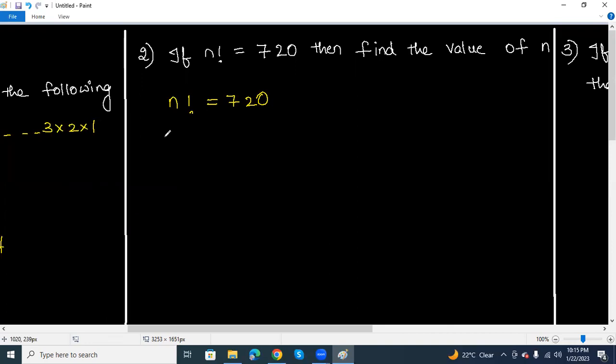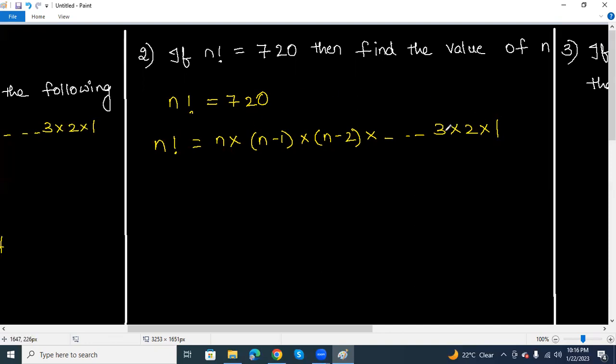So we already know that this 720 is nothing but 1 times 2 times 3 times, till some number. Because n factorial is n into n minus 1 into n minus 2 and so on, 3 into 2 into 1. The least values are 1, 2, 3, 4.